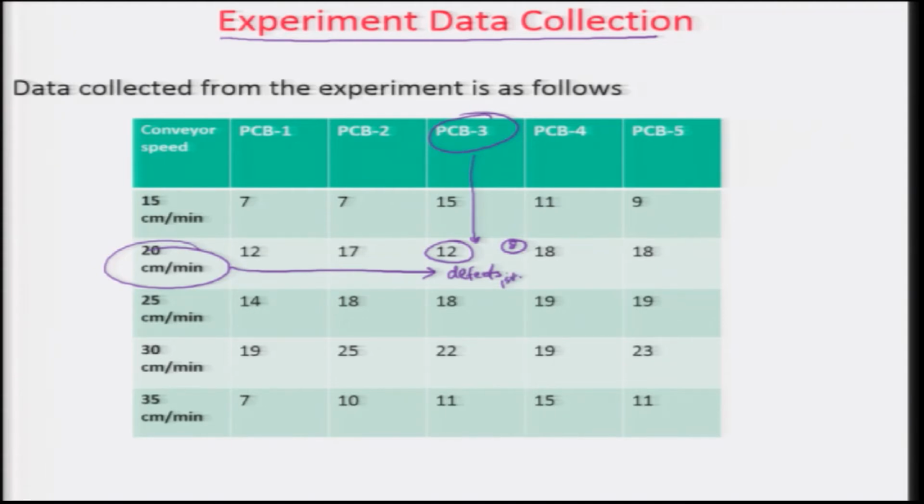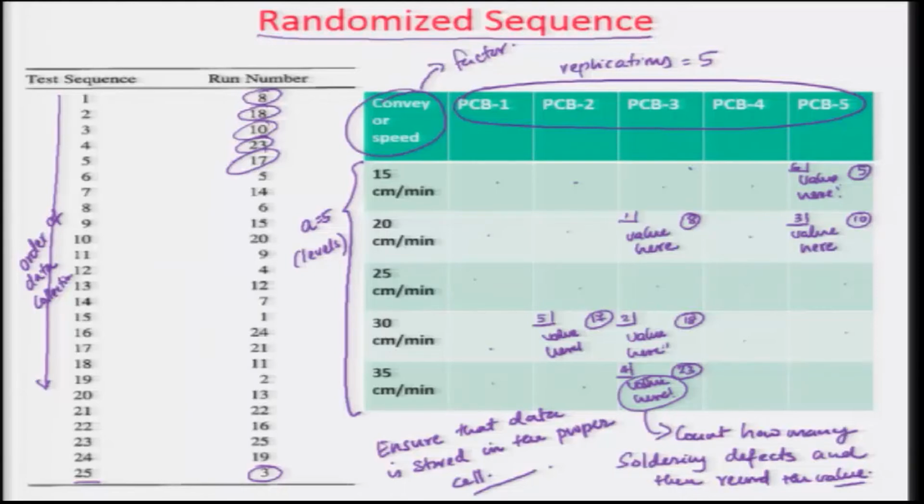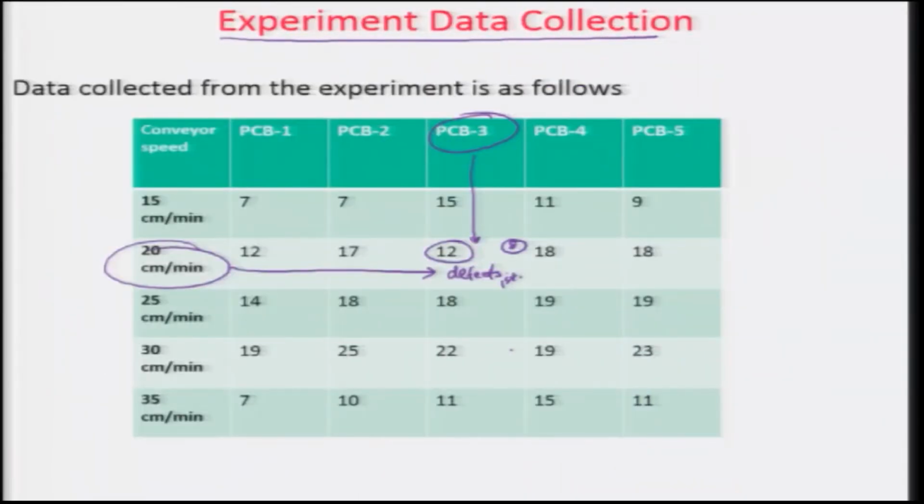Then the next one was 18. So this is what you did second. This particular test coupon was run at a different speed. There are 5 PCBs allotted for each one of them.